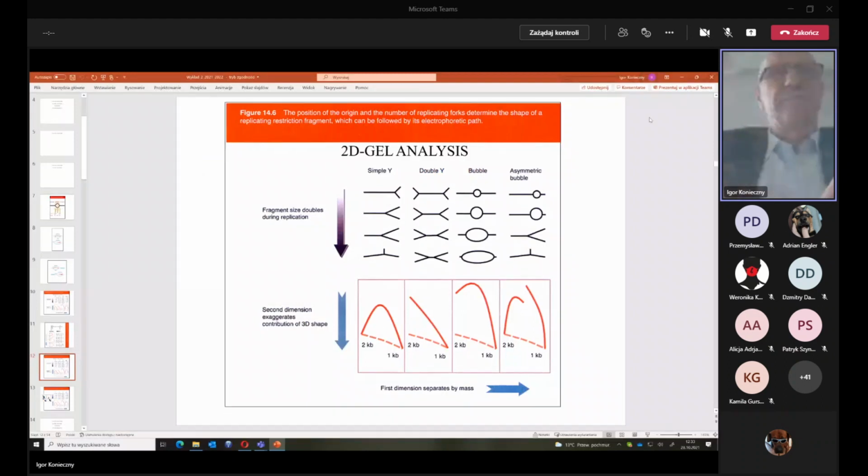Can you see it? Yes, we can, we see it. Okay, I just touched something. Now I want to do the full screen, but where is the full screen?